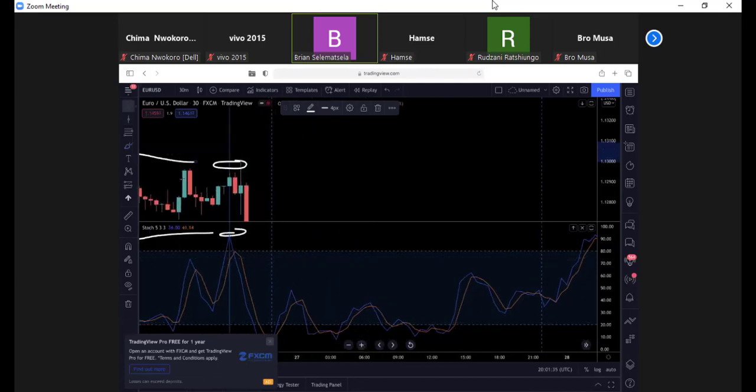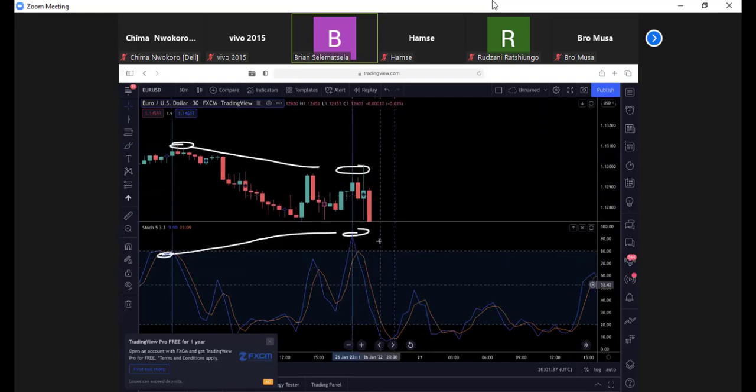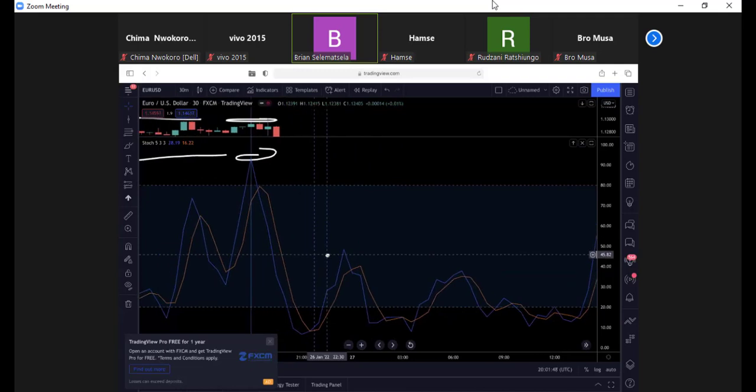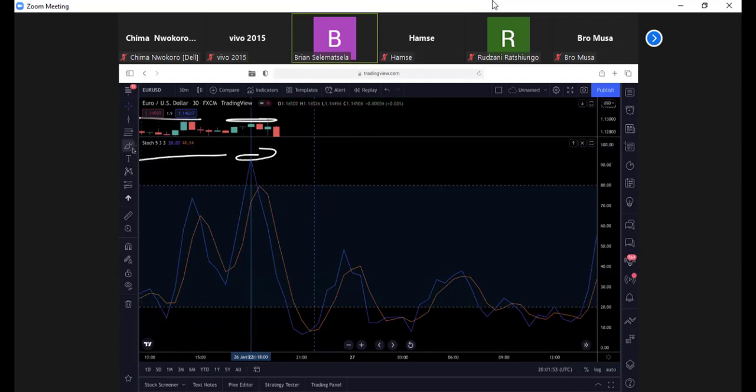And after that, the final thing that you'll have to do to confirm whether you'll be buying or selling the trade is the crossing over between the two stochastic lines, meaning when the one line crosses the other line, that's when you start piling up your trades. That's when you start making entries from there.